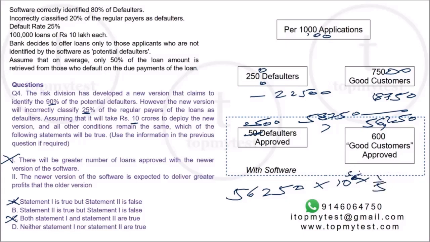So it will be 10 to the power 5 into 2. This is going to be a profit from the people who are going to pay.